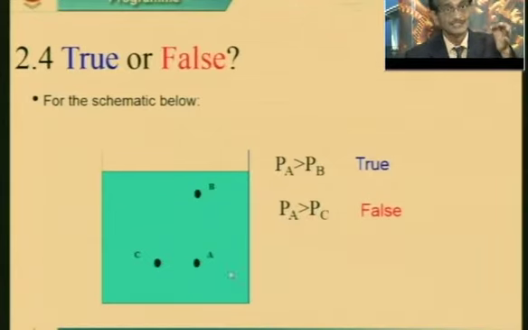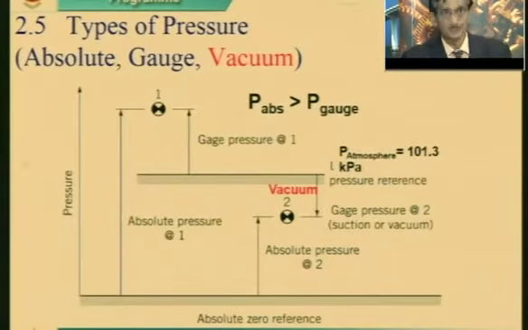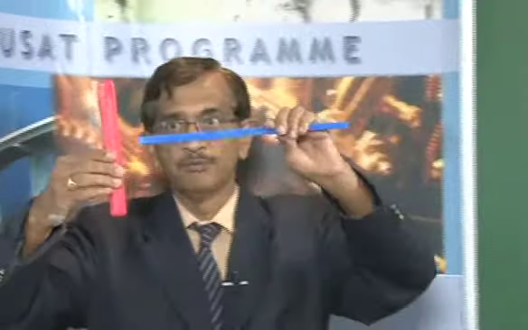Which is correct? The intensity of pressure at A, that is Pa, must be equal to the intensity of pressure at C, as long as the height is the same and the liquid is the same. Is it okay? So, this has given you a small idea how it goes. So far we have discussed pressure, force upon area, and intensity of pressure, which is always perpendicular to the surface.